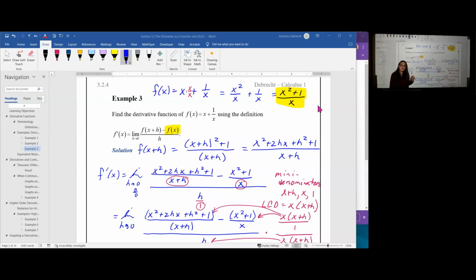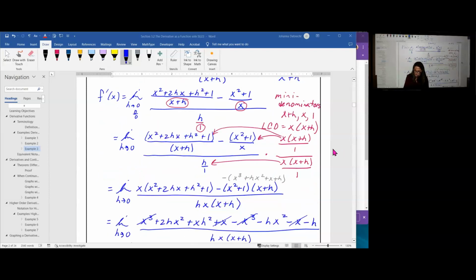Then my miniature denominators are the group factor x plus h in parentheses, the single term factor x, and the factor 1.